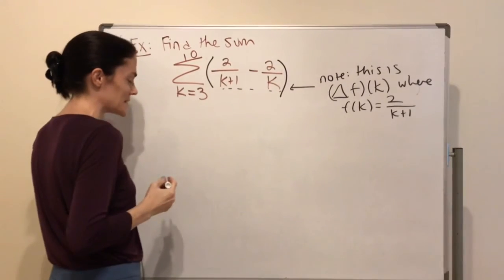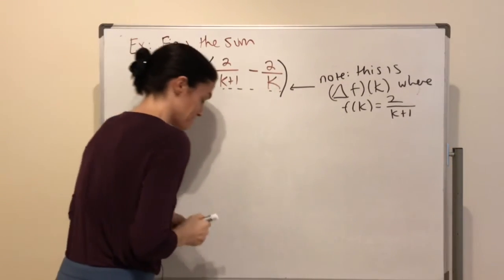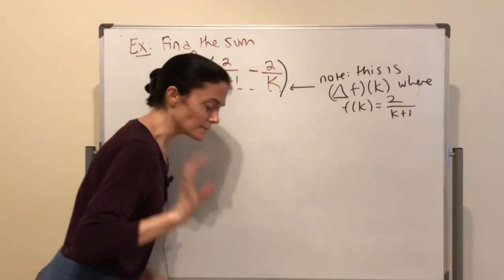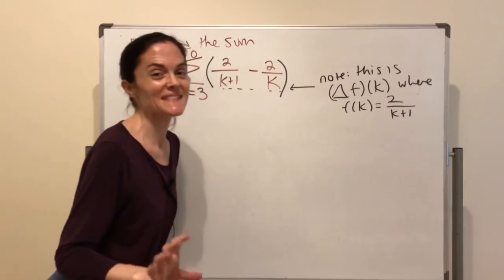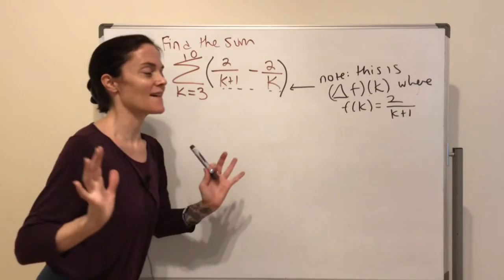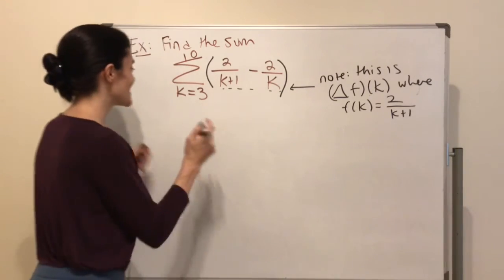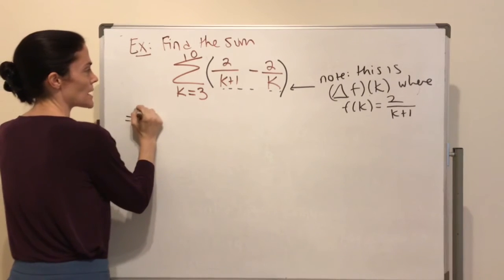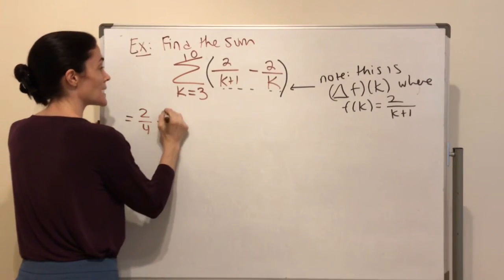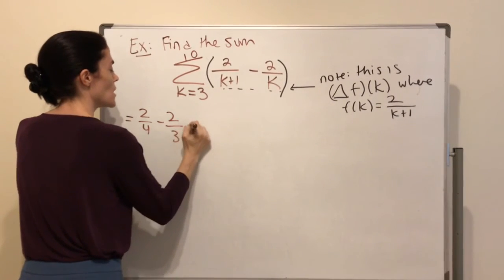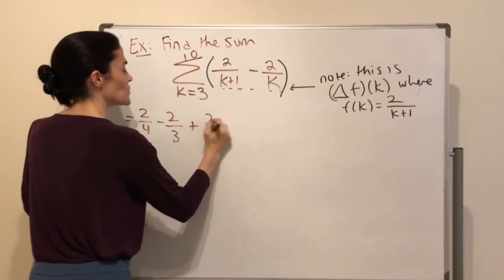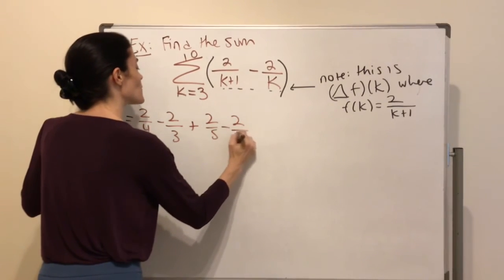Let me put the parentheses. Okay, here we go. So we just start writing out terms, and then we see all the middle stuff that will cancel, and we have to see what's left over at the end. So when k equals 3, we have 2 over 4 minus 2 over 3. When k equals 4, we have 2 over 5 minus 2 over 4.